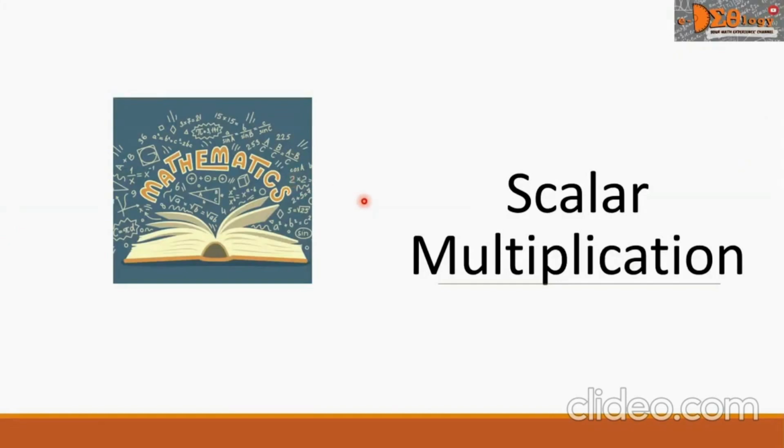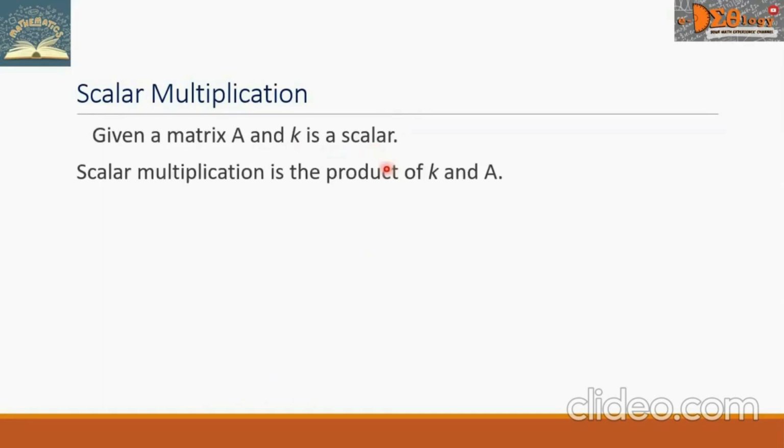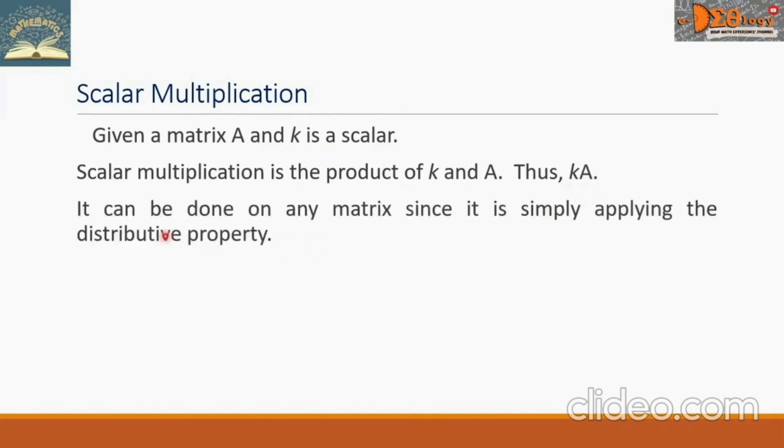Today, we're going to study scalar multiplication. Given a matrix capital A and k a scalar, scalar multiplication is the product of k and A. Thus, kA, so this is k times A. It can be done on any matrix since it is simply applying the distributive property.